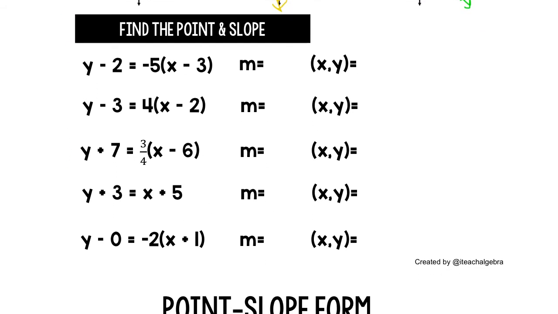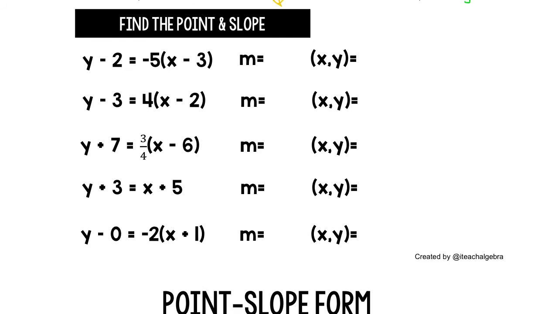All right, moving on. Now let's write some equations, let's glean some information from an equation about a line. We have y minus 2 equals -5 times x minus 3.